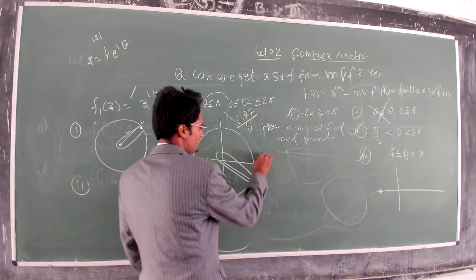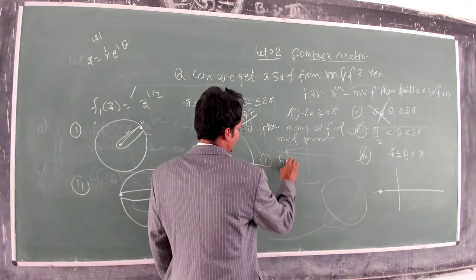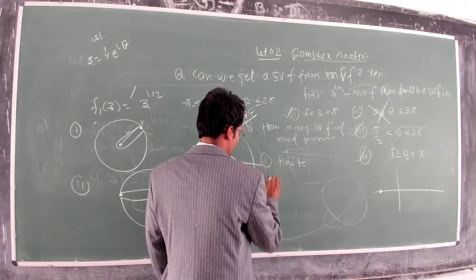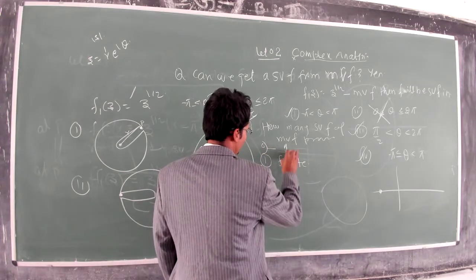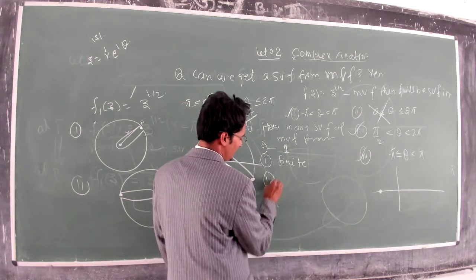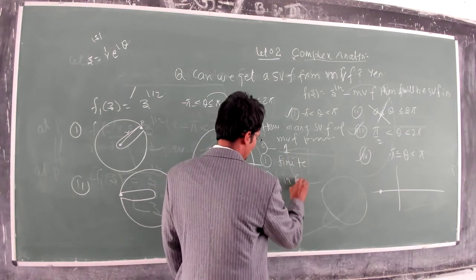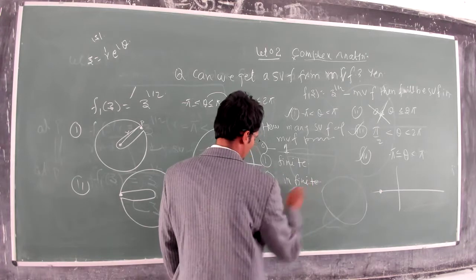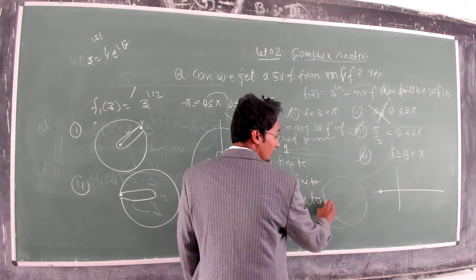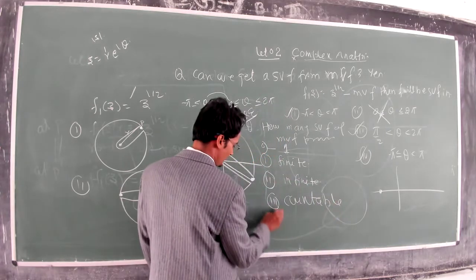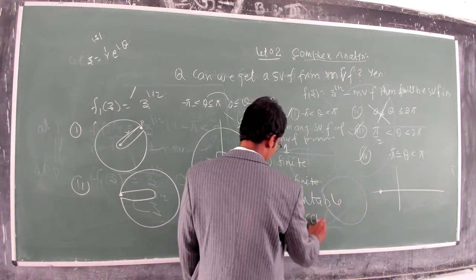The first option is finite, the second is one, the third is infinite, then countable, and the fourth option is uncountable.